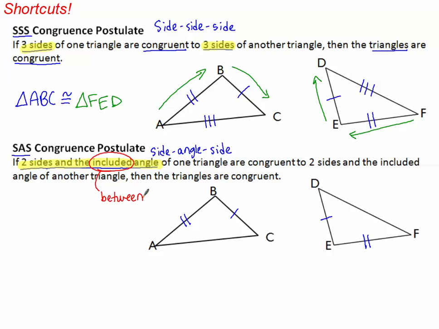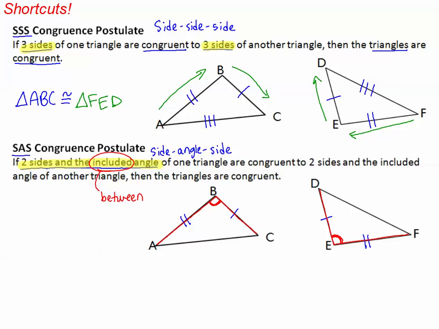The angle that's made by connecting those two sides that have marks. This side that has a mark and this side that has a mark is connecting at angle B. B is the included angle. Similarly, this side that has a mark and this side that has a mark is connecting at angle E. E is the included angle. So according to side, angle, side, these two triangles can now be proved congruent.